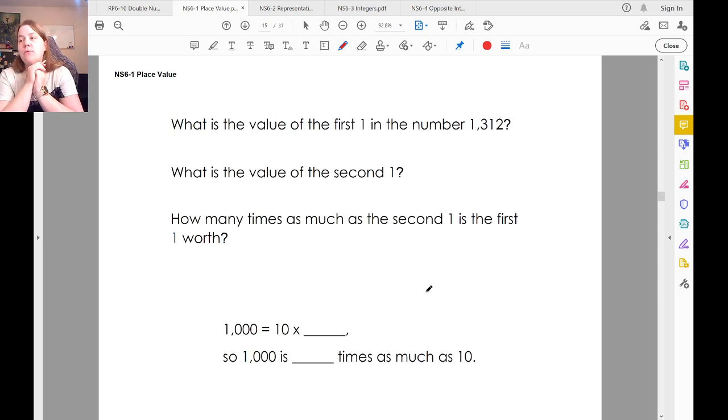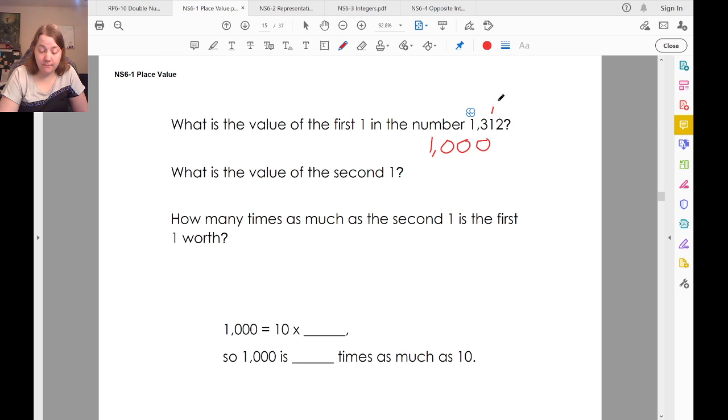So now we have the number 1,312. They want to know what is the value of the first one in the number. So that first one in that number is 1,000. The value of the second one is going to be 10.